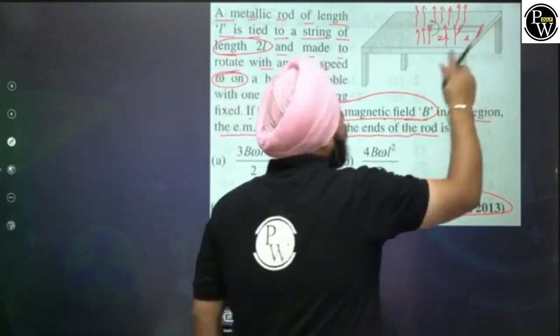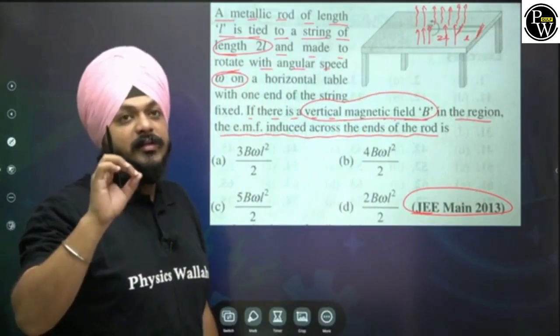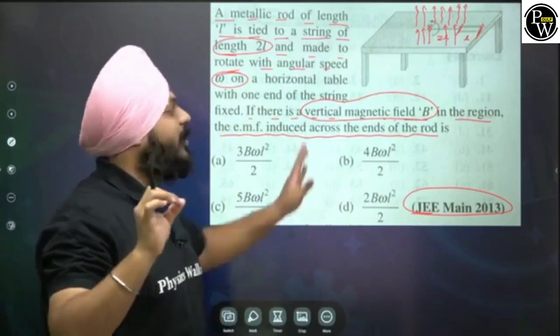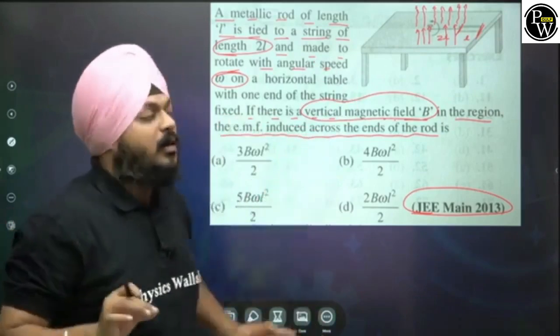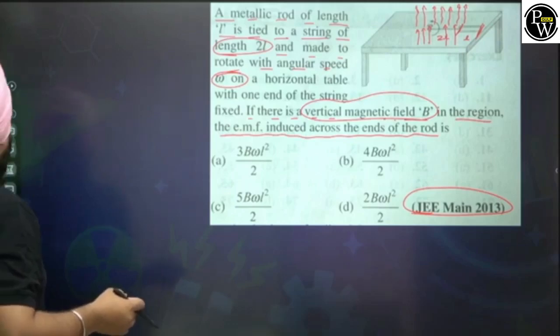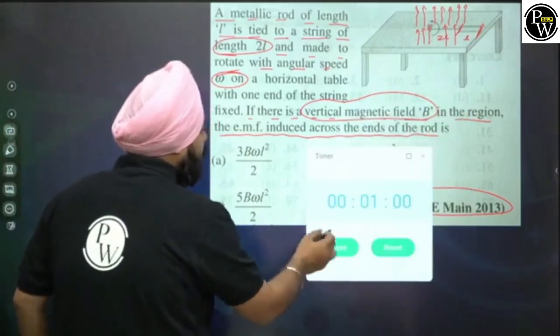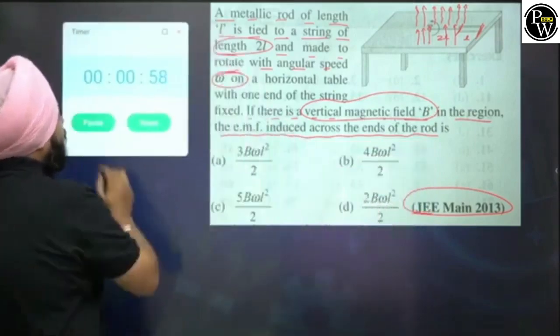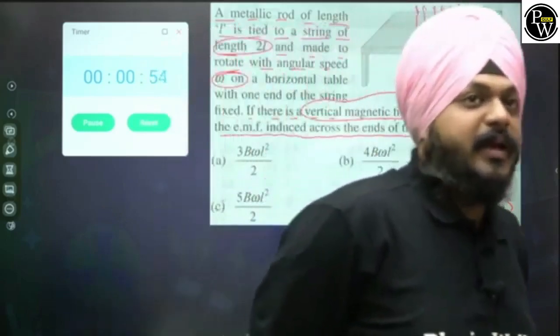The general formula to calculate the EMF in the case of rotating rods we have discussed in the previous lectures, the third lecture. I am going to show you how we use that general formula. Don't worry, but first let's give you all a minute to solve this question. Come on, everyone, try and select the correct answer.